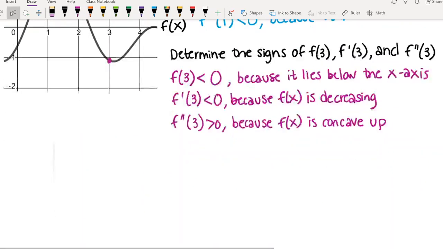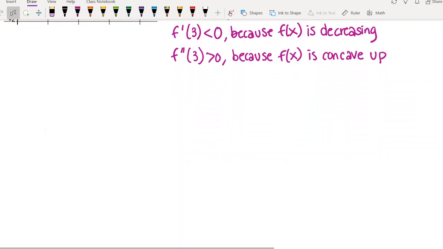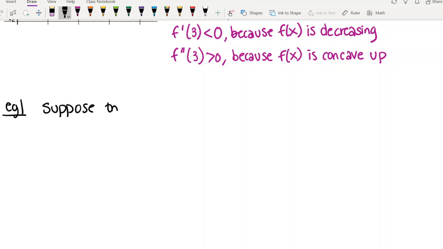Okay, I want to do one more example in this video. It's kind of a variant of what we just did. So let's say now that I'm going to give you not the original function, but the derivative. So suppose that f prime of x is equal to x squared minus 5. So without figuring out what f of x is, we don't need to do that. We're going to answer these questions just based on the derivative.